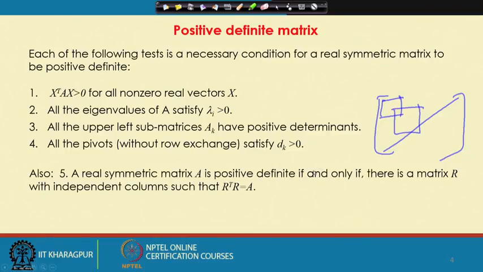Fifth, for a real symmetric matrix A, it is positive definite if and only if there exists a matrix R which has independent columns, so that R transpose R is equal to A. So, R is also a square matrix. A can be decomposed as R transpose R, and that is for a symmetric matrix with real values.